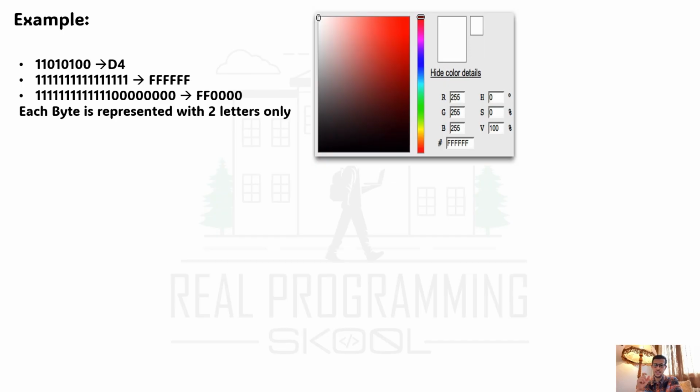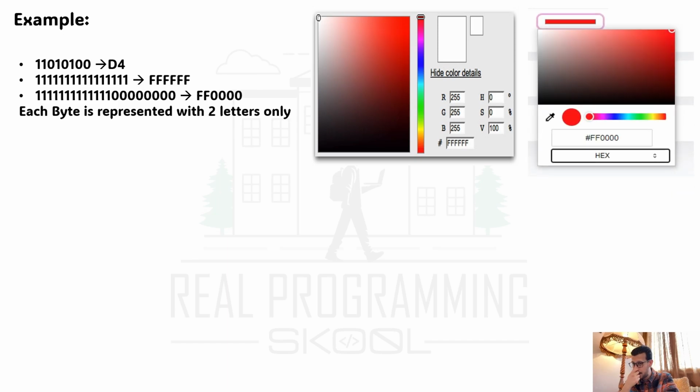Here, as you see in this color picker, hashtag six Fs, 6 times the letter F, represents the white color. And this hashtag, double F and four zeros, represents the red color.